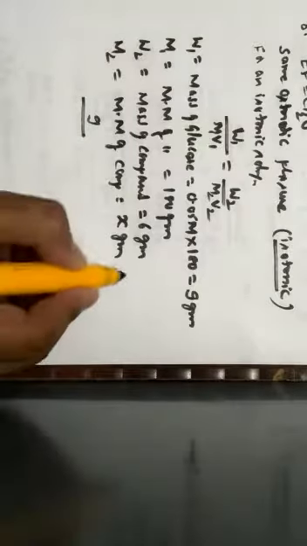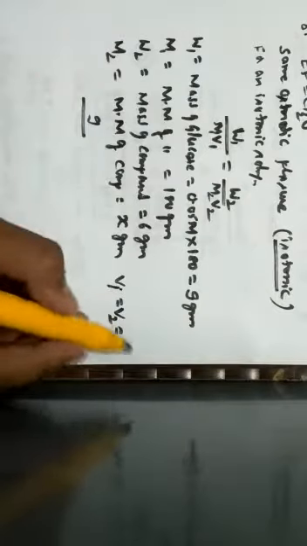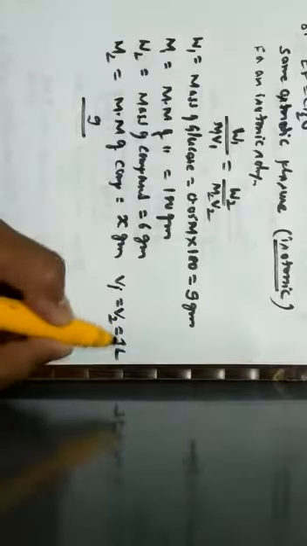Now let us substitute the values of W1, M1, W2 and M2. W1 is 9 grams. Since it has the same osmotic pressure, we can consider the volume V1 equal to V2, that is 1 liter.